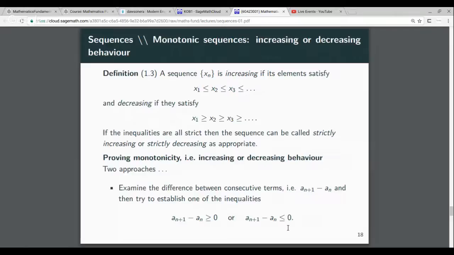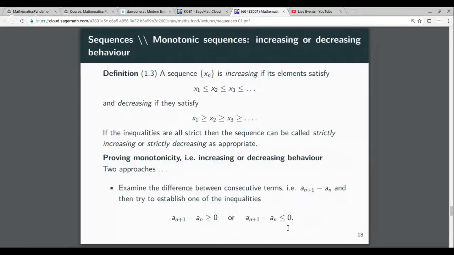If, for instance, you can show that a(n+1) minus an is less than or equal to 0, that's equivalent to saying a(n+1) is less than or equal to an, so that would be a decreasing sequence. And if you can show the other type of inequality, you'll have established an increasing sequence. So that's one way to do it.